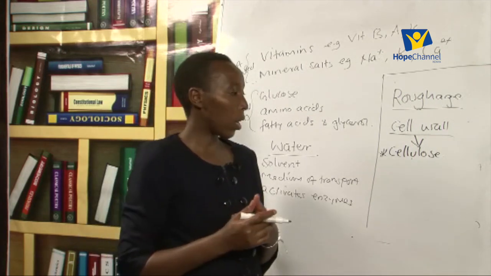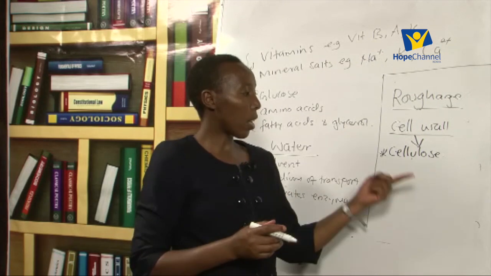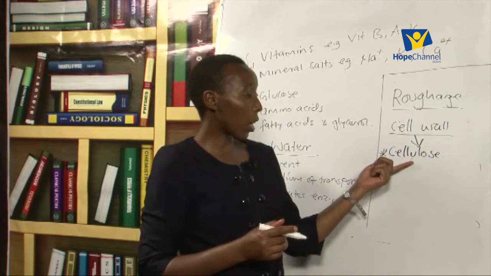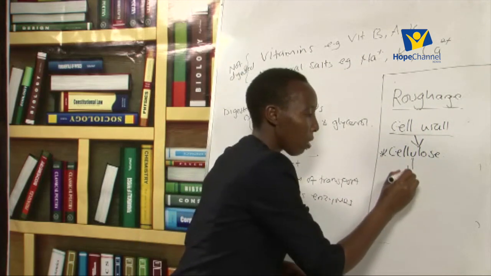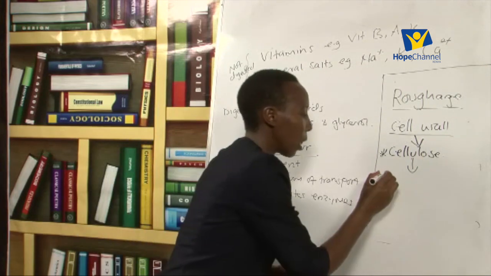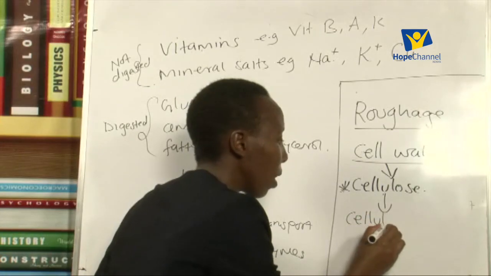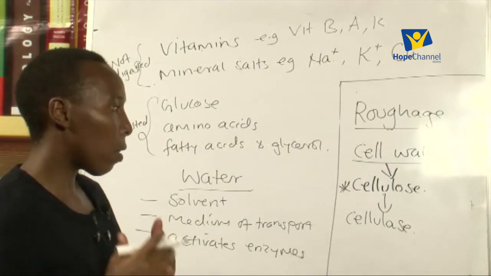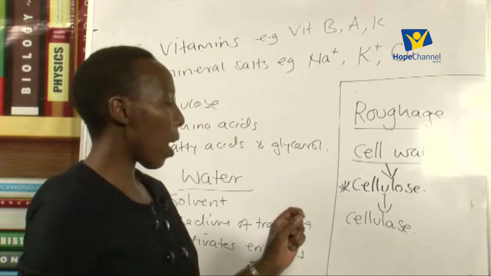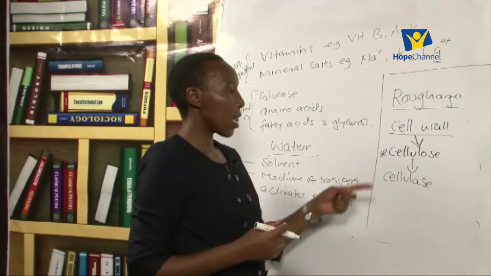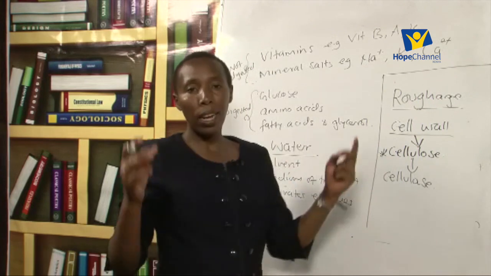As human beings, we don't have enzymes that can break down the cellulose. Of course, in this case, we expect which enzyme can break down the cellulose? Definitely cellulase. But human beings don't have the enzyme cellulase that can digest the cellulose in the plant cell wall.